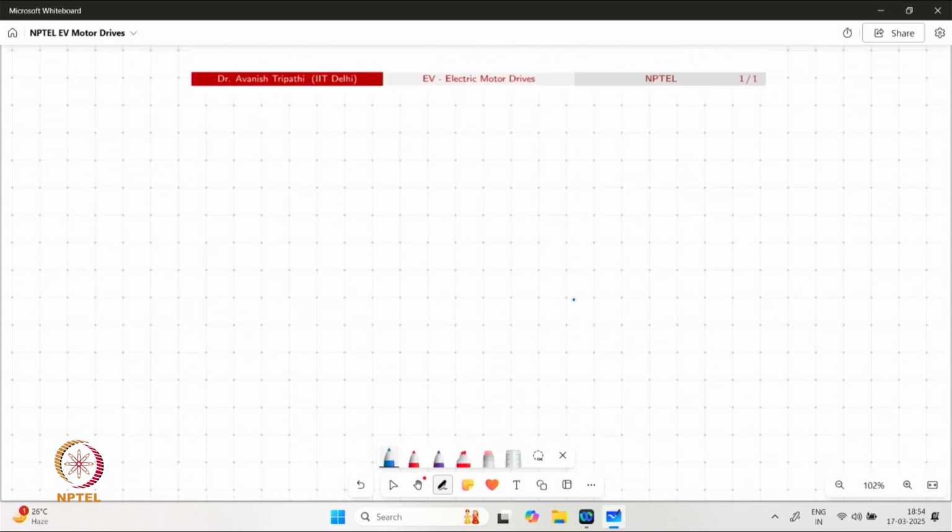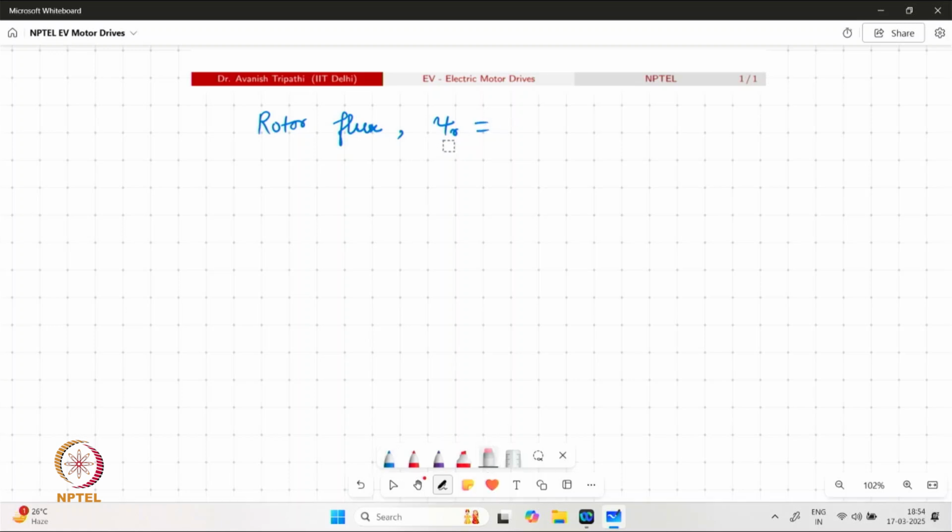Now we do have corresponding definitions on the rotor side also. So we have rotor flux psi r defined as a combination of air gap flux and the leakage flux on the rotor side.